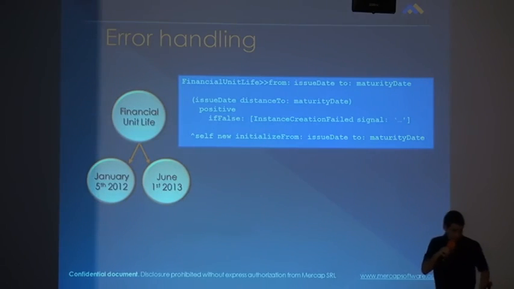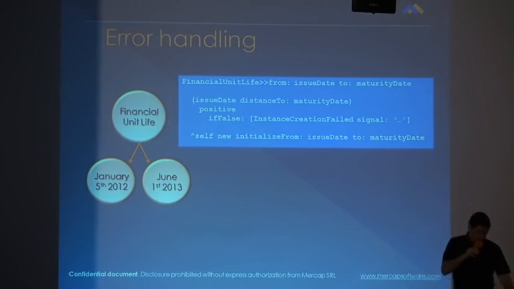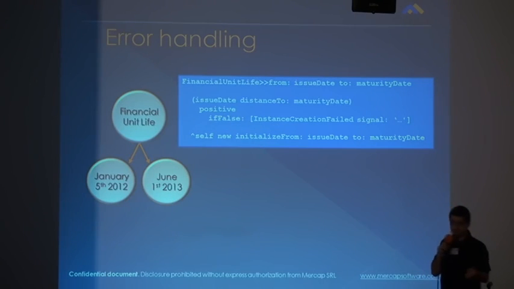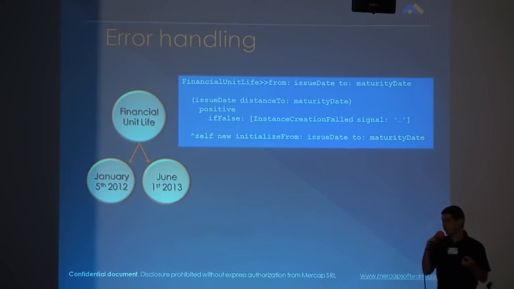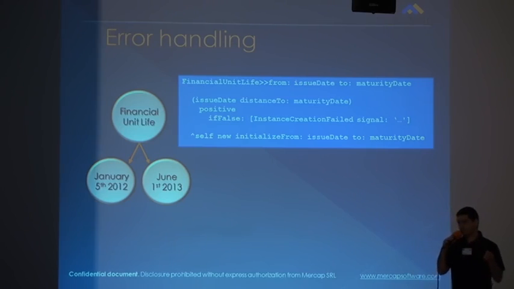Well, in the case of the text controller, I said it was a parser, the object that decides whether the model is valid or not. But in many other cases, it's an object from the business world, the object that signals an exception to determine if the instance creation failed or not.